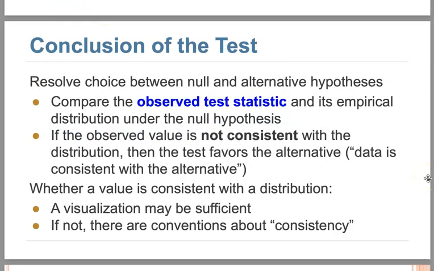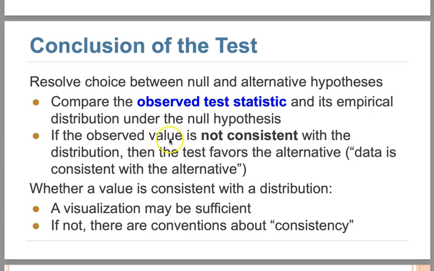So here is the conclusion about hypothesis testing, though you have basically already seen this content so many times. When we have the choice between the null and alternative hypothesis, we compare the observed test statistic, so the observed data, with the empirical distribution generated by simulation according to the null hypothesis, according to our model.